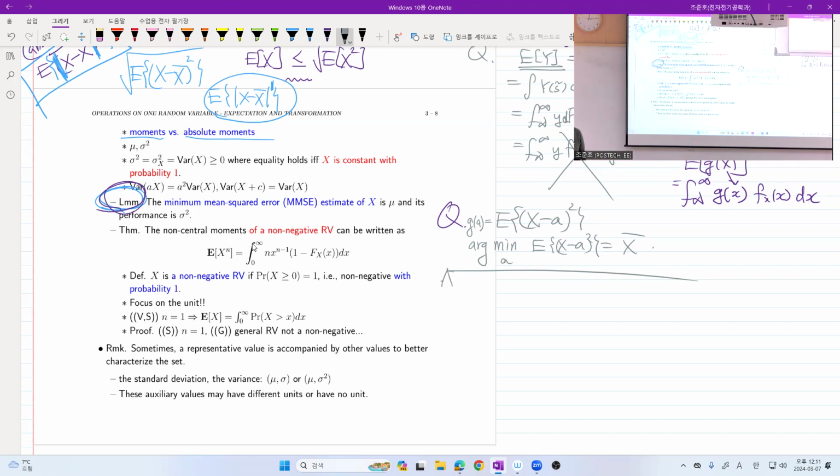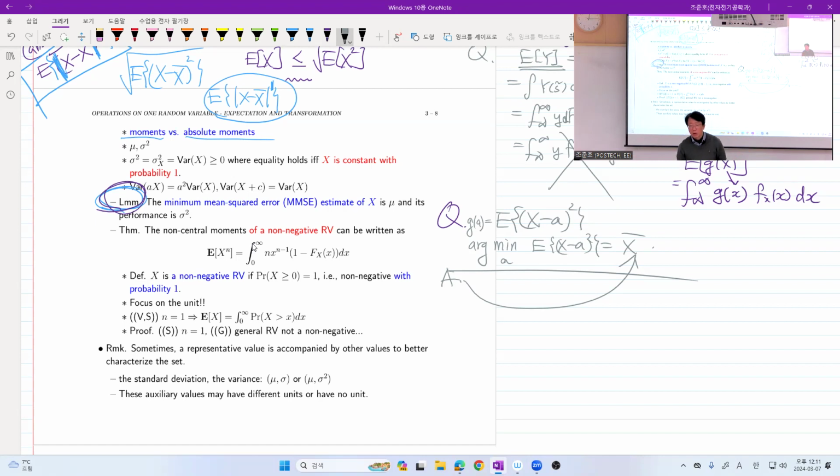Now let's interpret this one. What does this mean? You minimize (X minus a) squared. So you have a random variable now, and you want to guess what would be the outcome, right? Given a Gaussian random variable, as you know already, you want to represent this entire distribution using a single number.